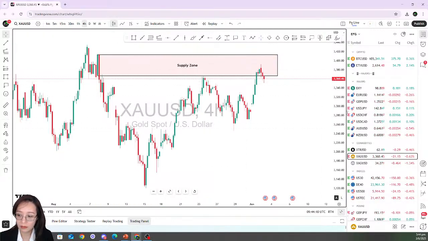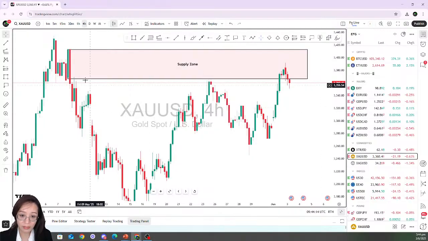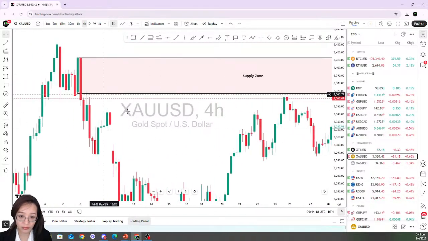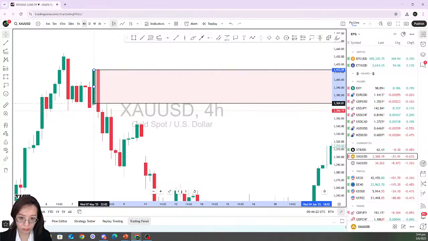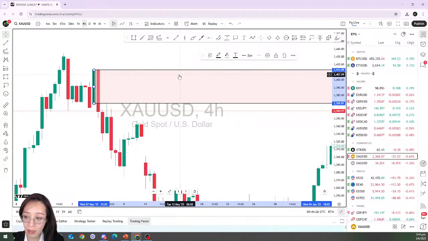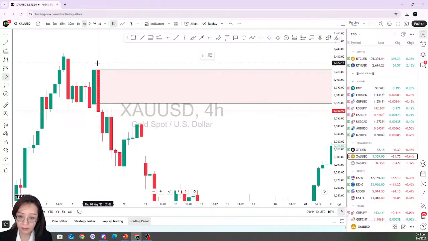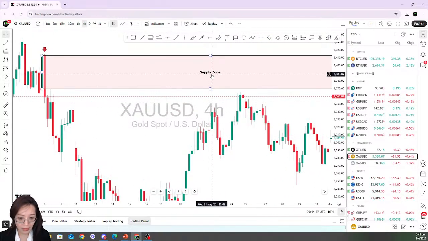Right here, we look for the bearish gap. For a very strong demand and supply, you need to look for the large and long candle, because with demand and supply we want to trade in the same direction as the institutions. So basically this candle is the one. That's why this is going to be your supply zone.